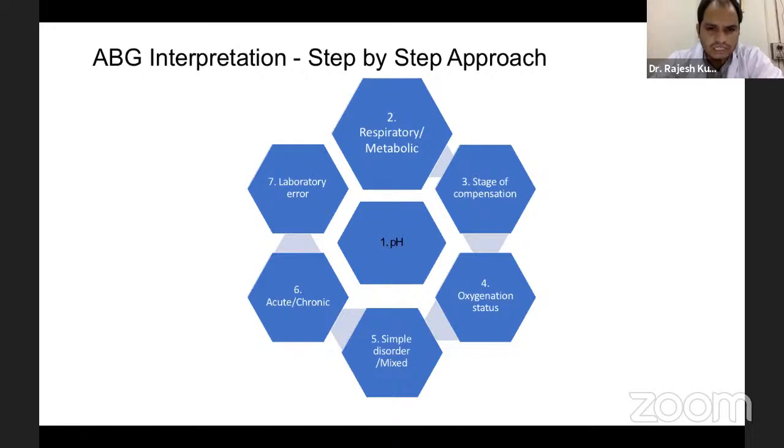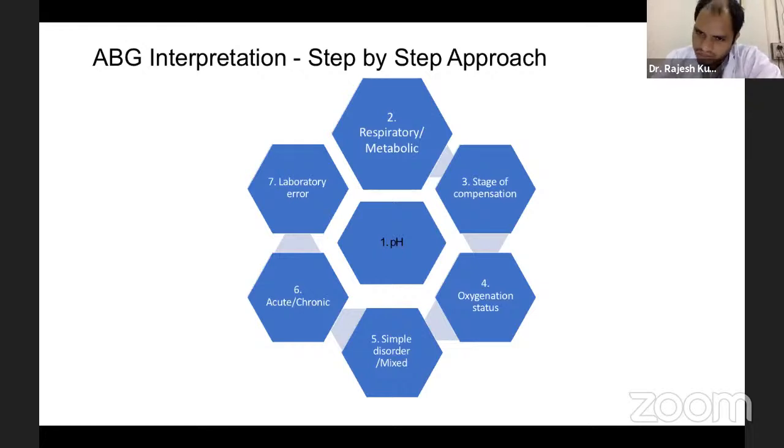In compensated, it can be partially compensated or fully compensated. We'll discuss in detail in later slides what is partially compensated and what is fully compensated.